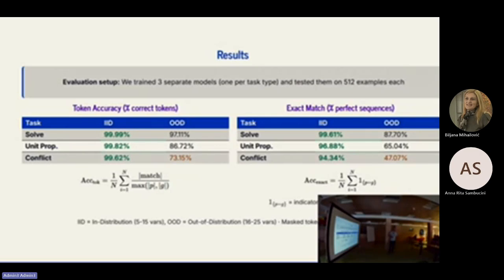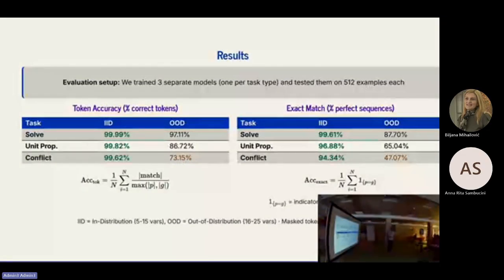So now I would like to show you our results. We trained 3 separate models, 1 per task, and we tested them on 512 examples. Here you can see the results for the token accuracy, and here the results for exact match accuracy, which means we measure either only the tokens or the whole sentence.